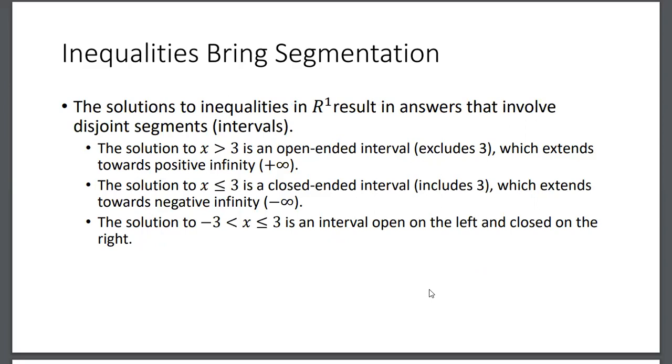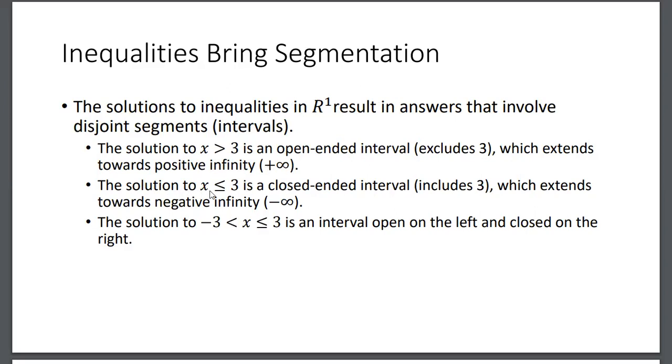Inequalities bring segmentation. The solutions of inequalities in R1 result in answers that involve disjoint segments, also known as intervals. The solution to this simple inequality, x is greater than 3, is an open-ended interval, excluding 3, which extends towards positive infinity.